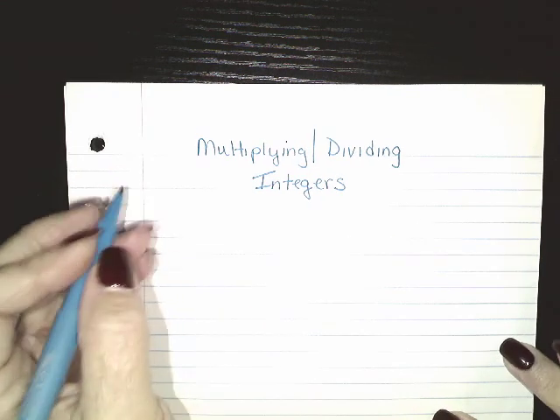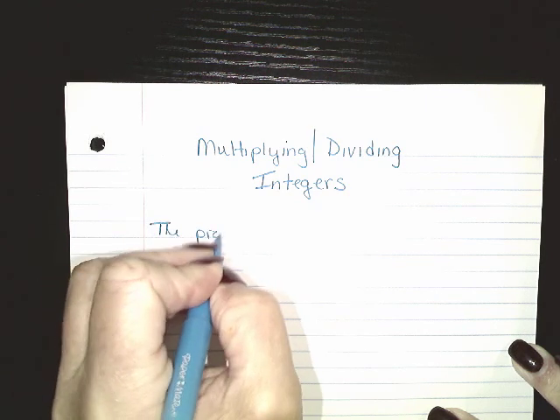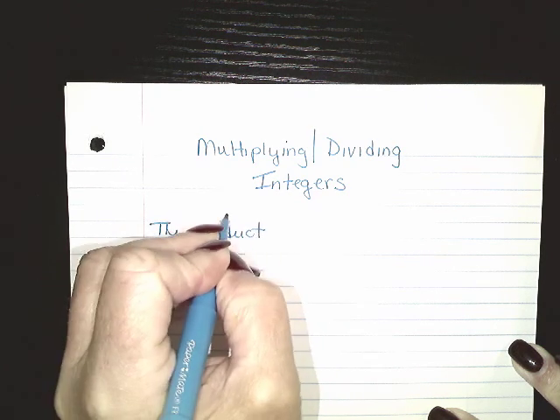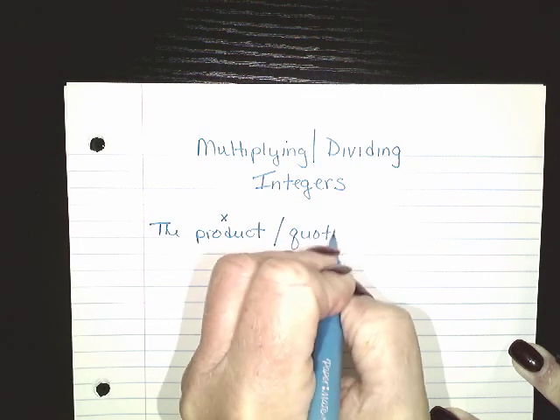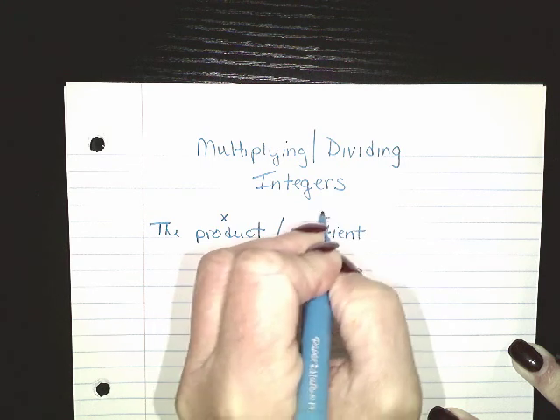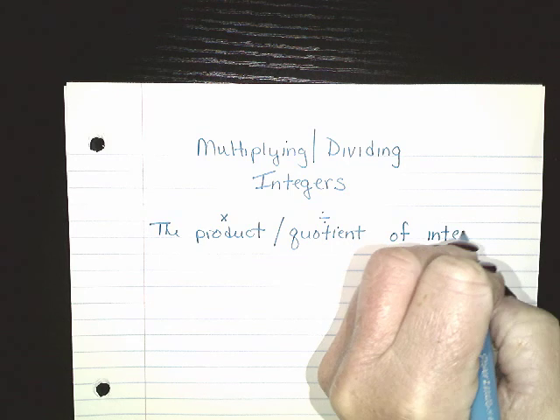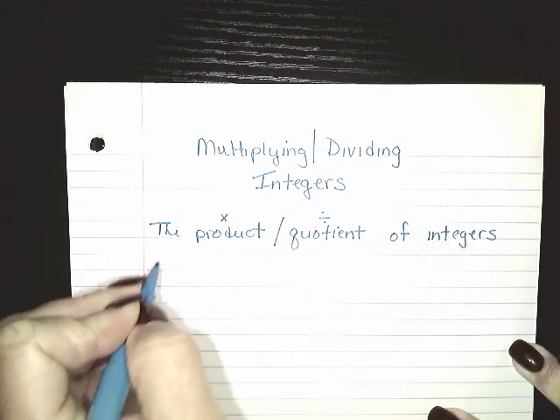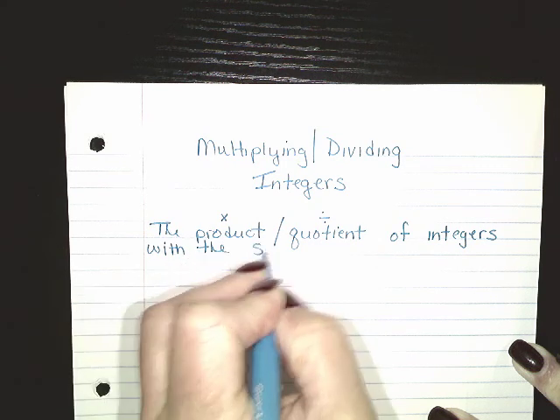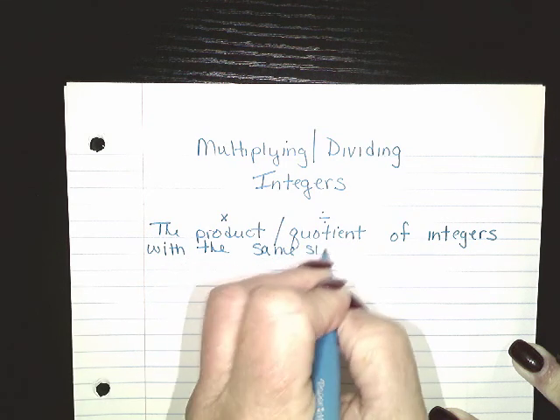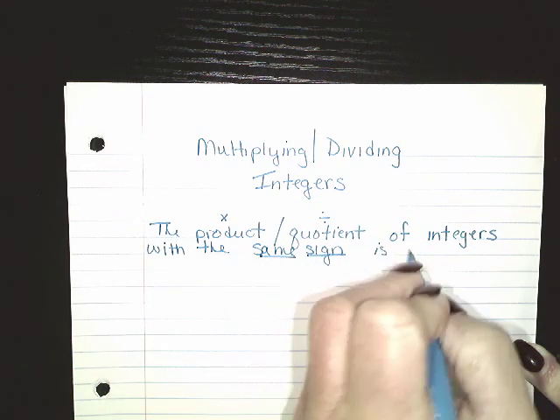So multiplying and dividing integers today, the product means the answer to a multiplication question, or quotient, which is the answer to a division problem, of integers with the same sign. Same sign is positive.